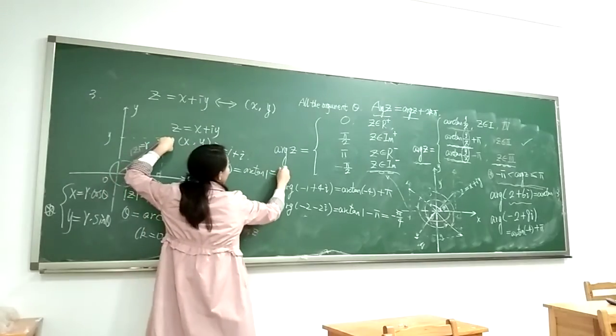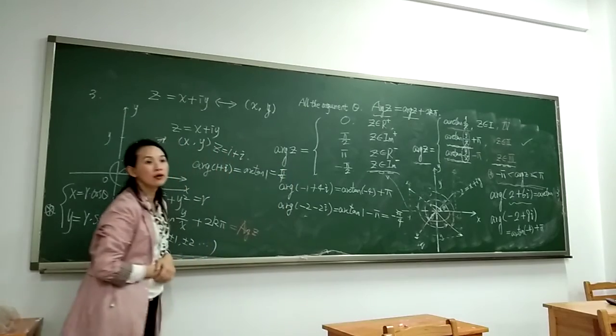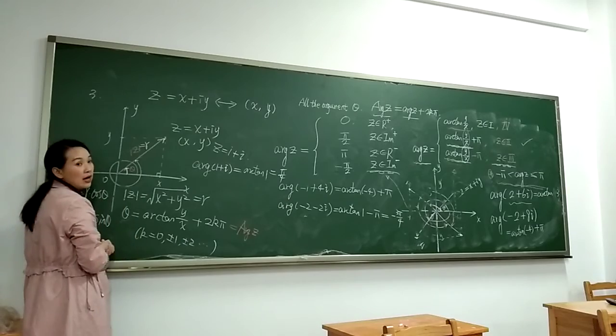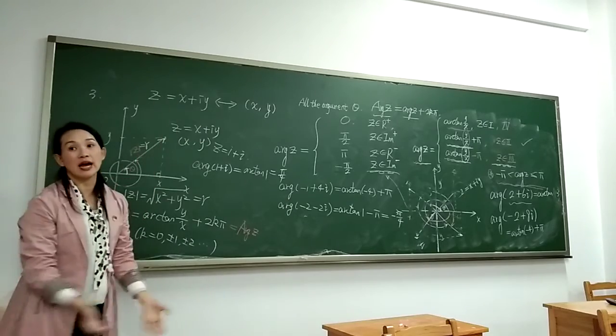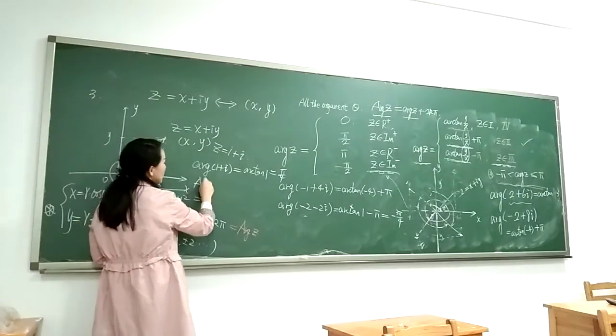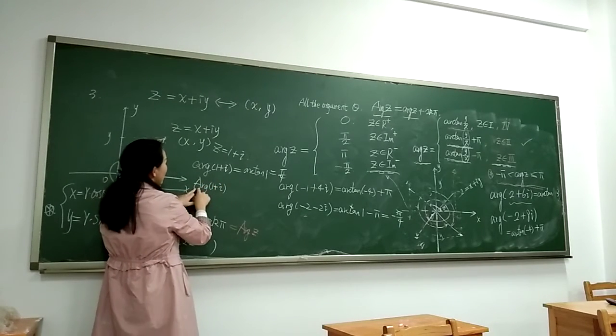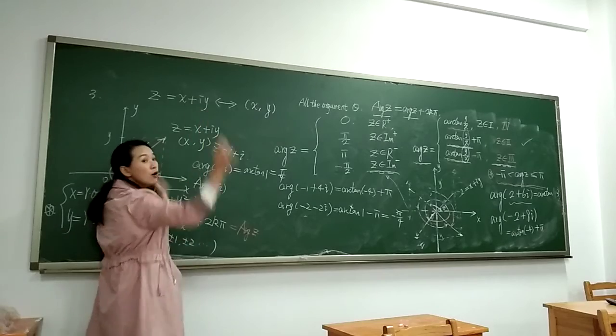So it equals pi over 4. But if you know this is one of the theta, and we want all the theta, here is big A, this means all.